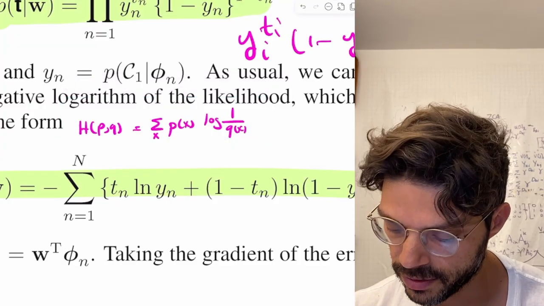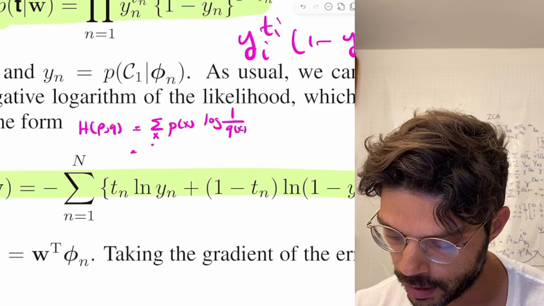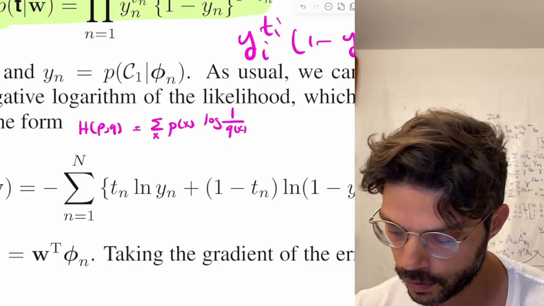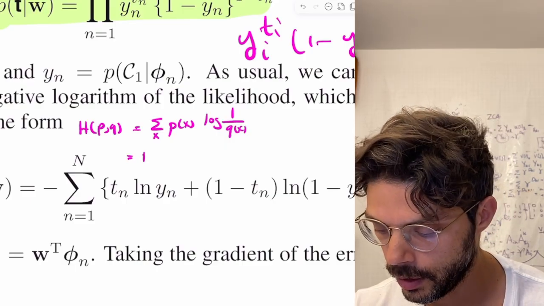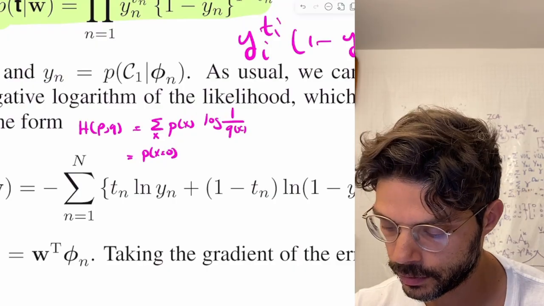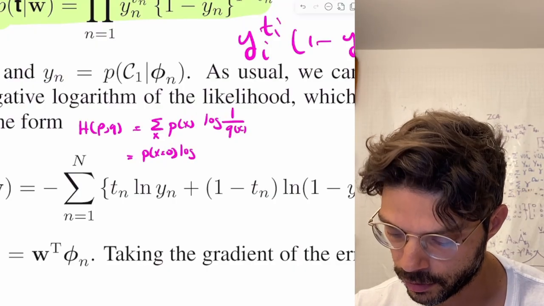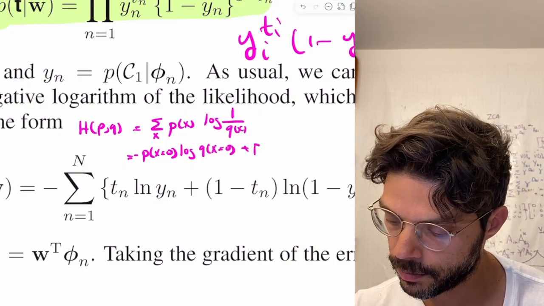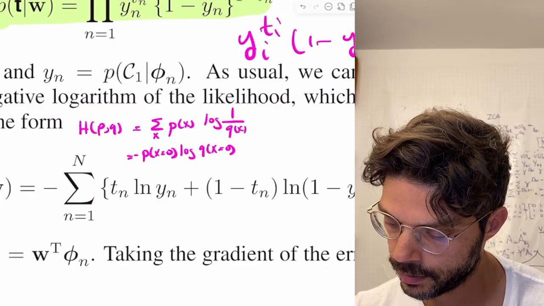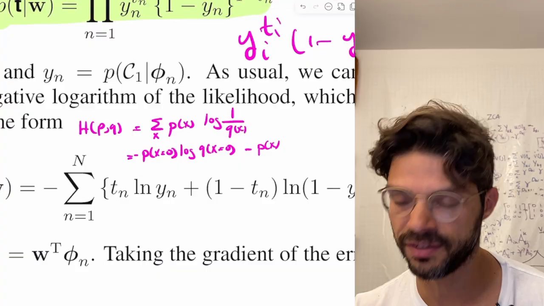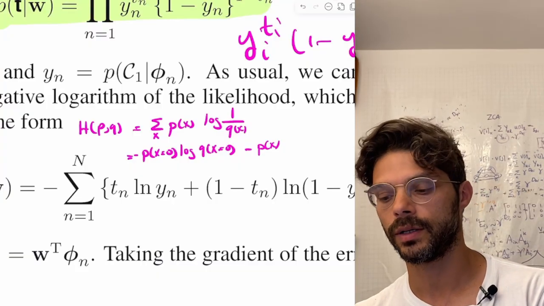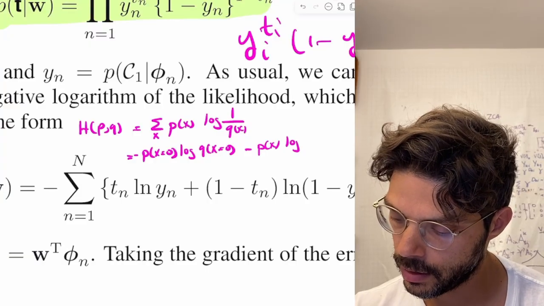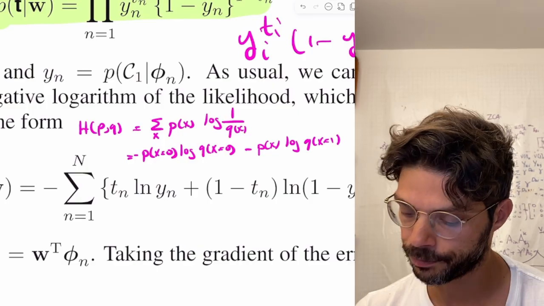So what is this actually going to look like? We actually don't need the sum anymore. It's going to be p of x equals 0 times minus log of q of x equals 0, plus minus p of x equals 1 times log of q of x equals 1. The minuses are because I've turned the log of 1 over into minus log of whatever it is.